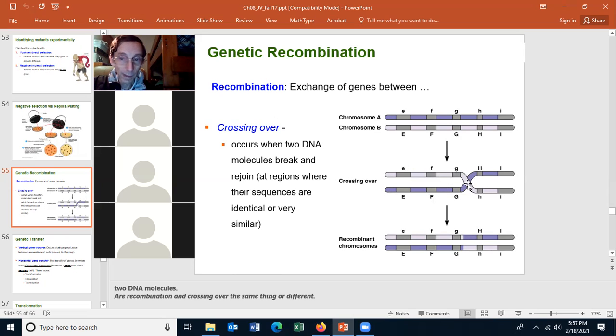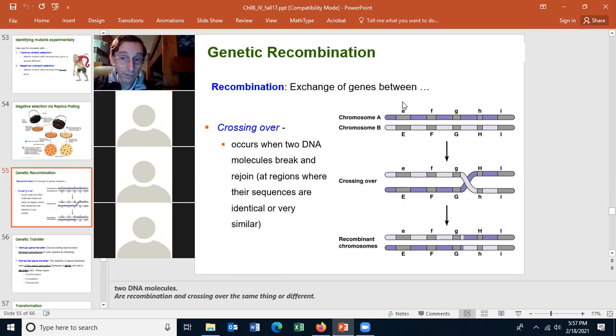The chromosome can cross over and then break off, and now the mother's allele is lowercase e, lowercase f, lowercase g, but then uppercase H and uppercase I from the father's chromosome. And that's a crossing over. When two molecules cross, break, and then rejoin. Okay?